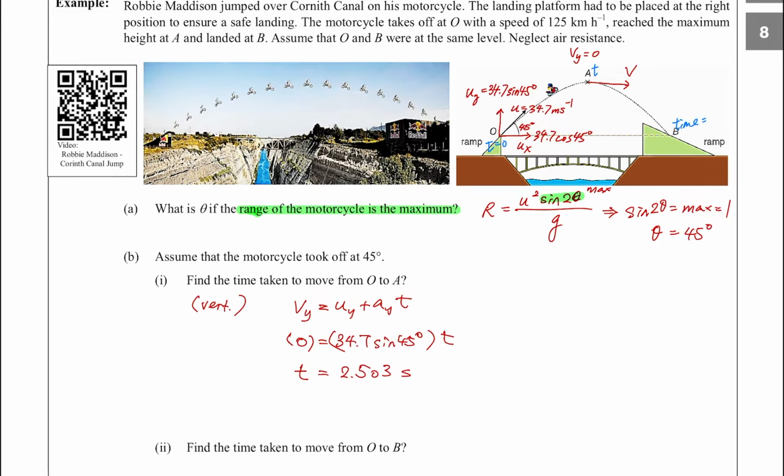This path is symmetric with this path about the line that goes through the highest point.